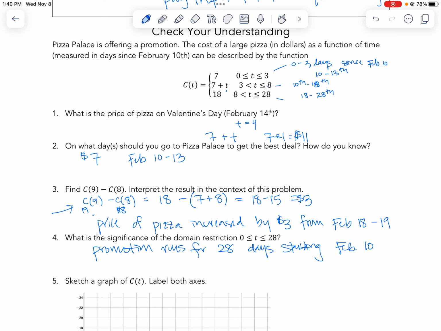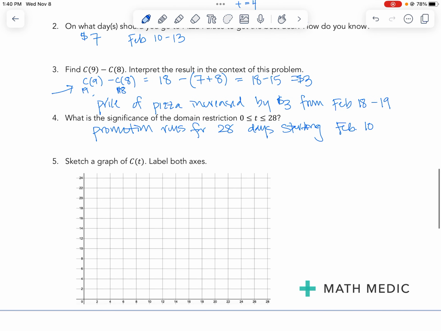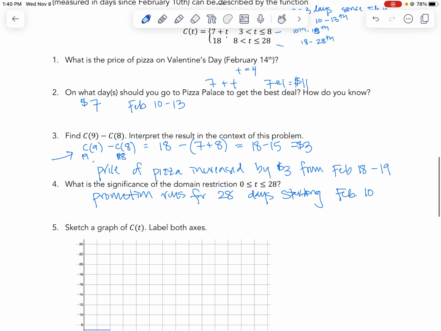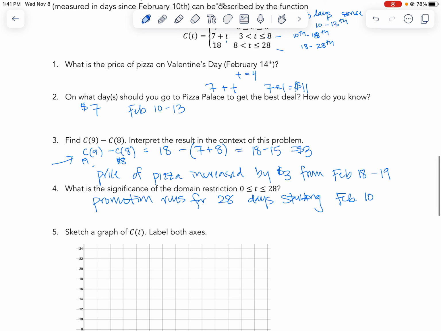Okay, now if we were to sketch a graph of this, what we'd be looking at is a graph that's in 3 pieces, where for the first 3 days the pizza costs $7. For the next, where's that restriction? For the next 8 days, from 3 to 8, it costs 7 plus whatever we're plugging in.